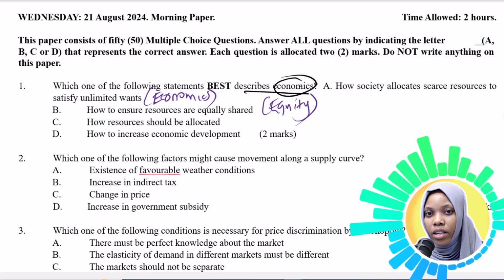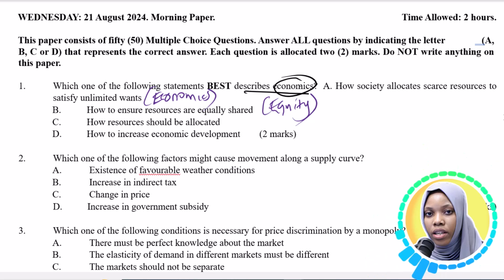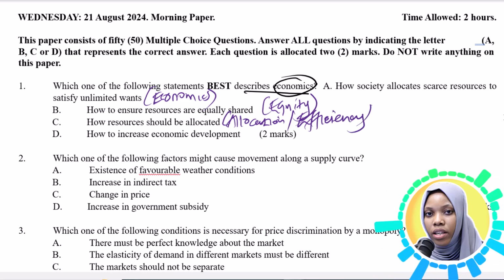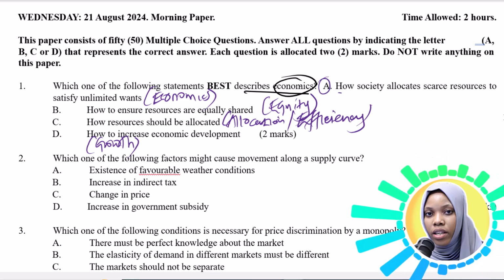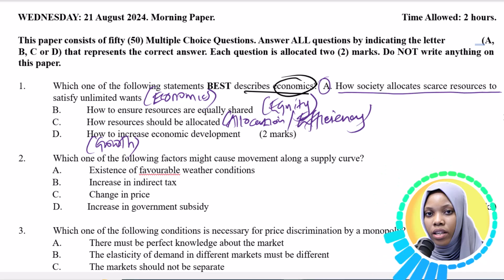Choice C, how resources should be allocated, defines allocation or efficiency. And choice D, how to increase economic development, is a description of growth. So our answer should be choice A, how society allocates scarce resources to satisfy unlimited wants.